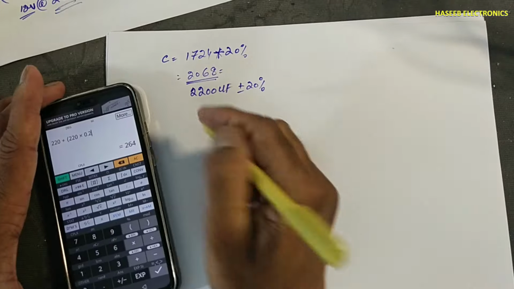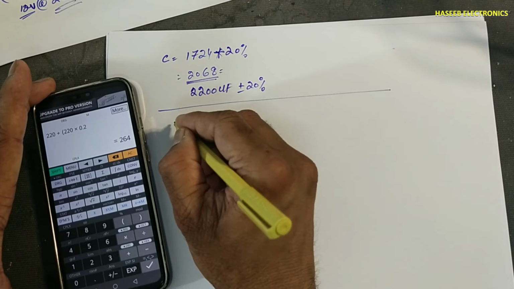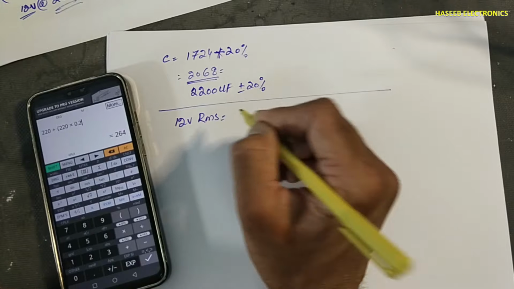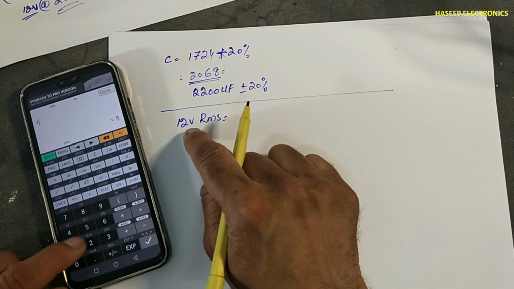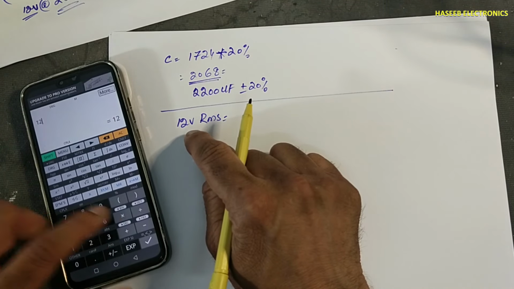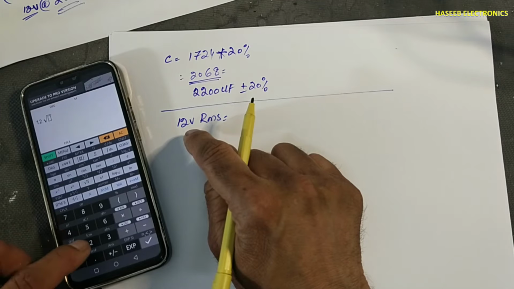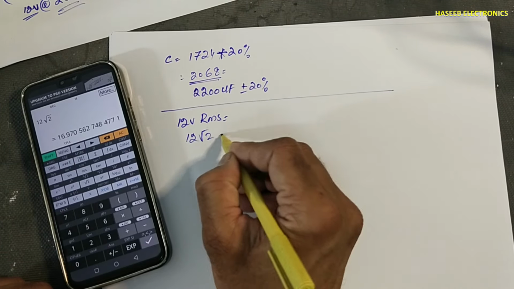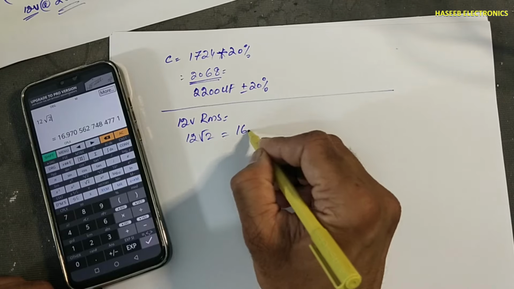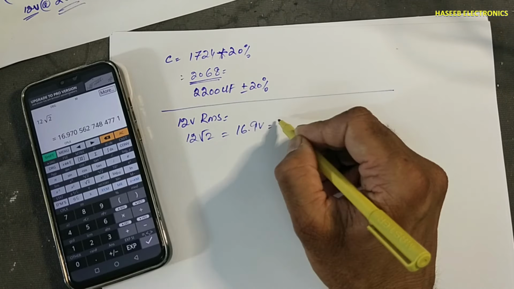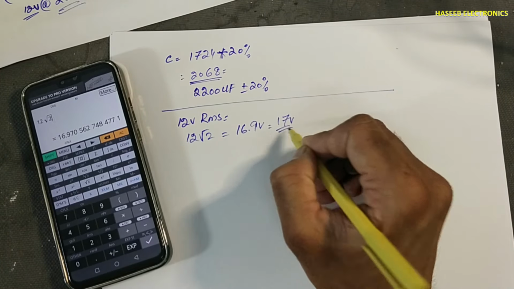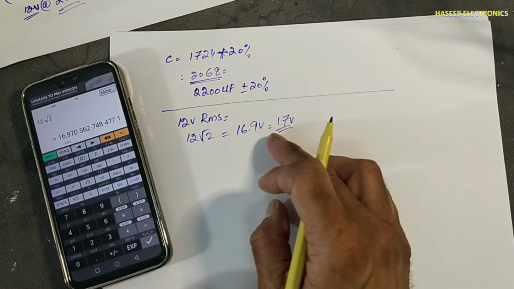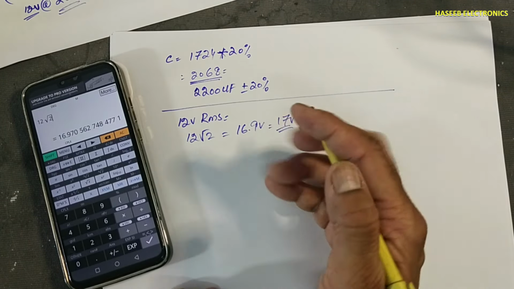Now check the capacitor voltage. We say 12 volt RMS. Now we convert it into peak voltage, 16.9 volt. We will consider 17 volt. The commercially available capacitors are 16 volt, 25 volt.